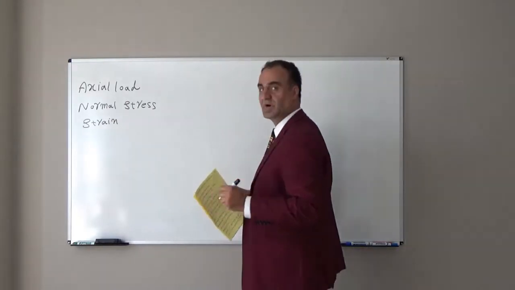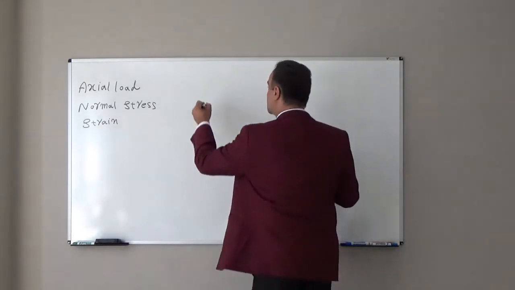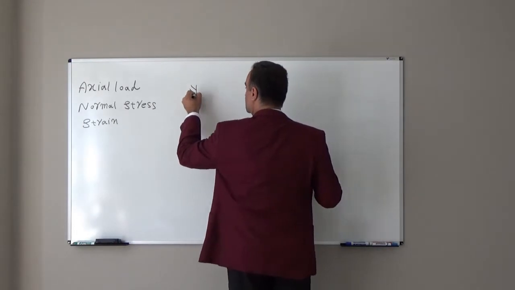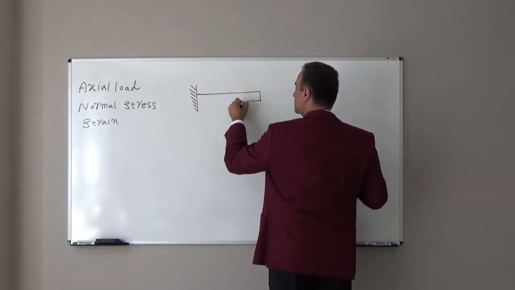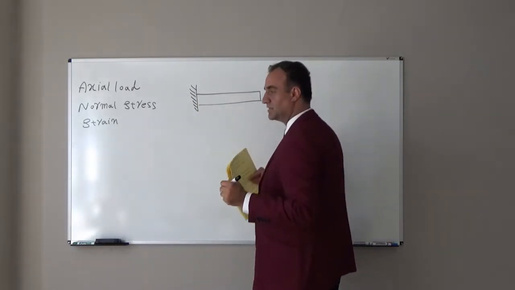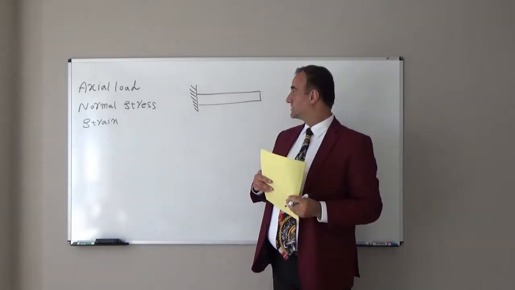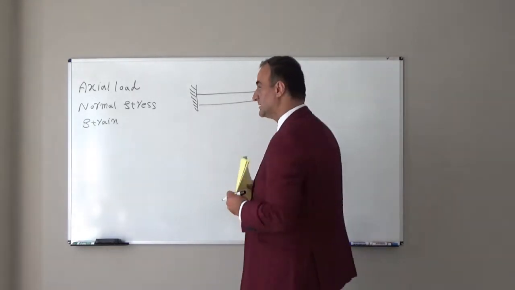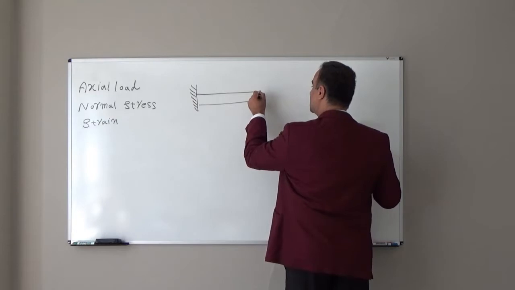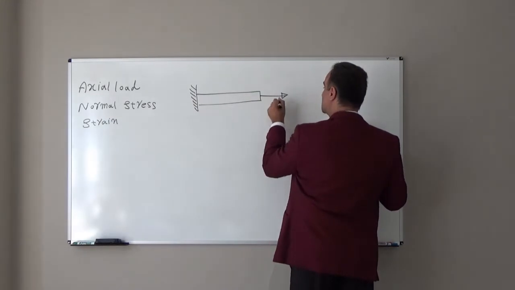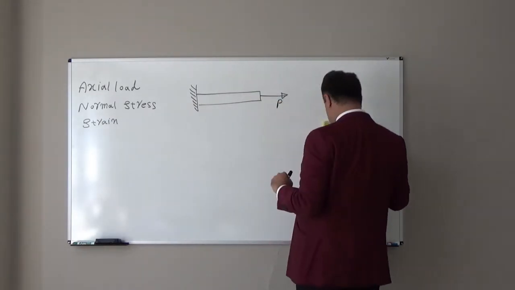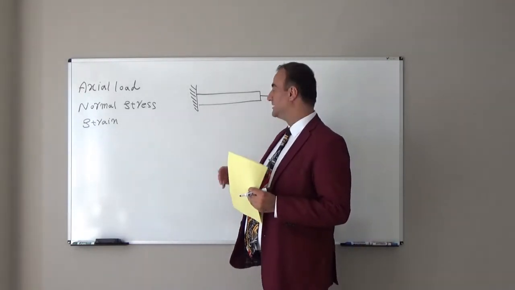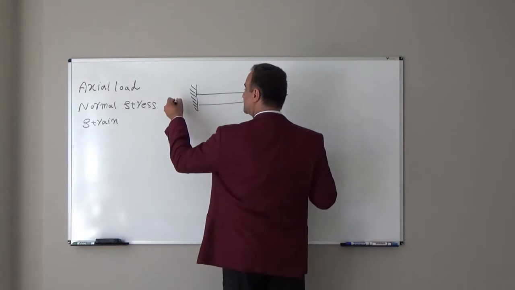Assume we have one bar or rod attached to the fixed support, and assume it is in two-dimensional space, in a plane structure, or even if it is 3D, no big difference for this case. If I apply external load like P here, from statics we know for a plane structure, in fixed support, we have three reactions.